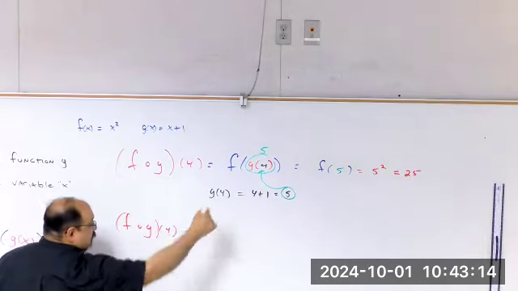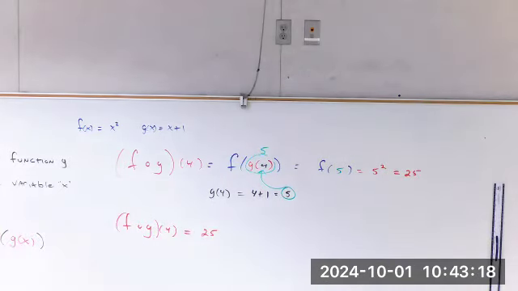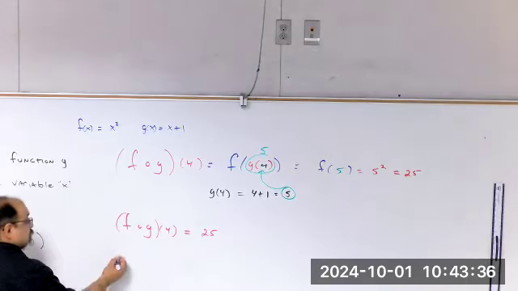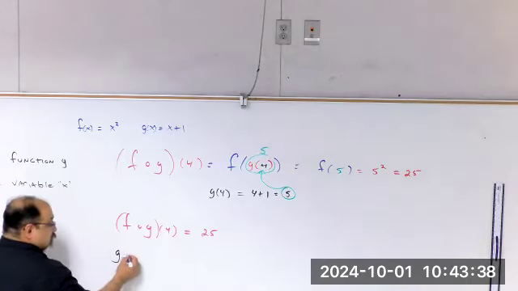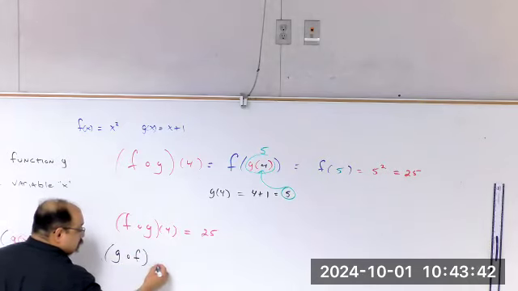Put your final answer down at the bottom, 25. Substitute, simplify. Next: b circle f of -2.